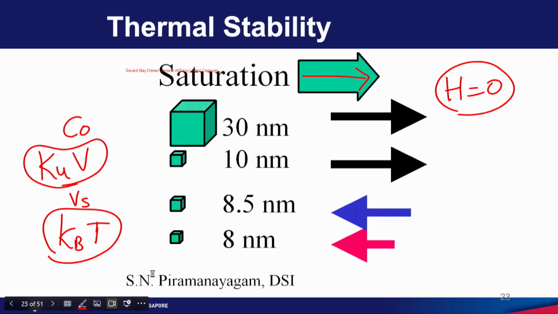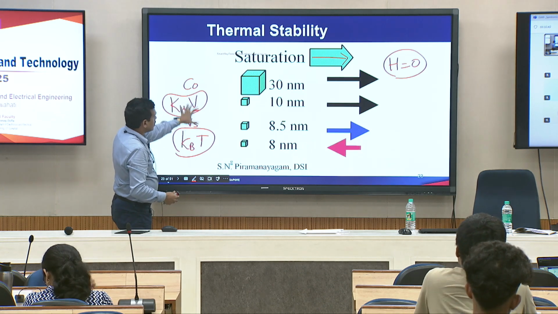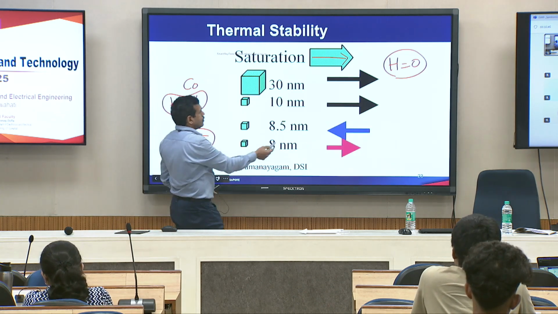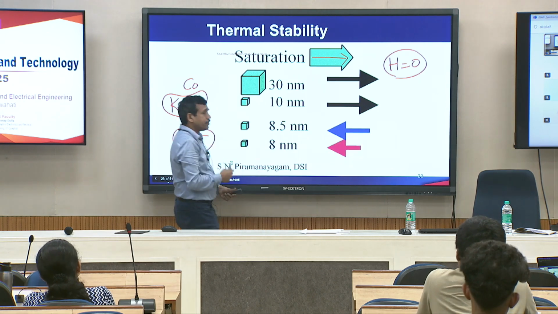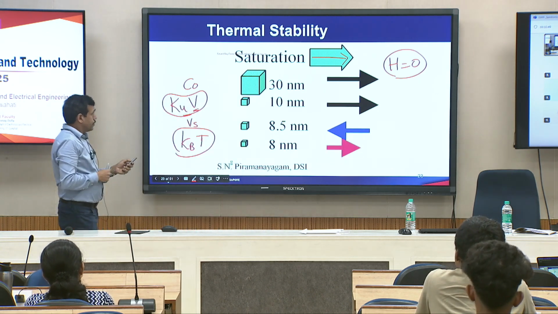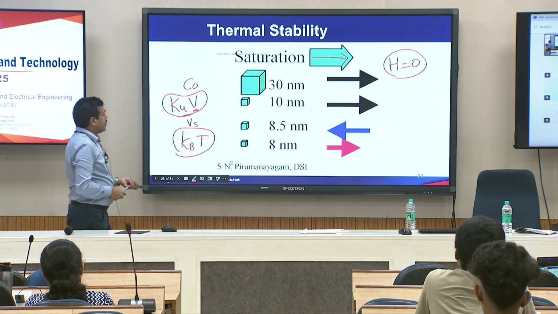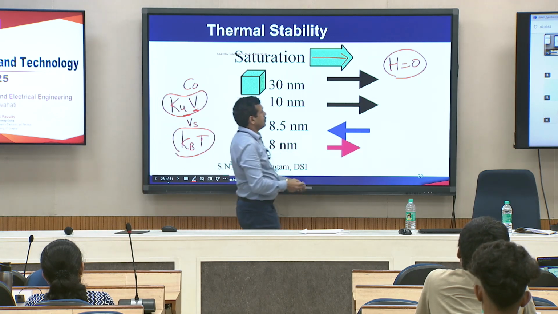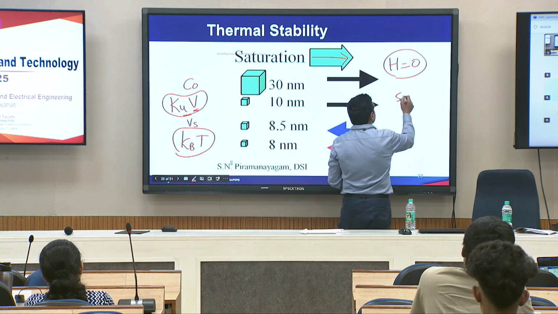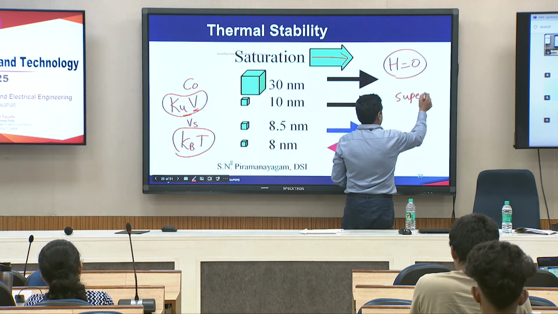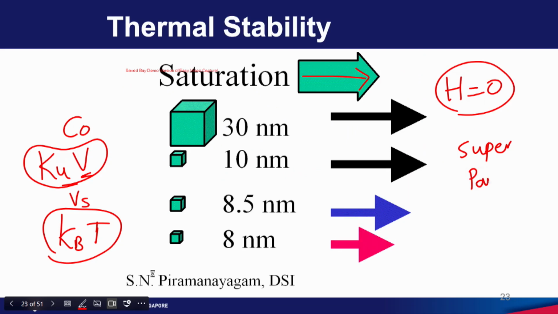So, as a result, when the volume becomes lower and lower, this becomes smaller. So, this energy can compete and make the magnetization flip as a function of time. Okay. So, when this flip is very, very rapid, then we call that a super paramagnetic. So, a few days ago we learnt about this.